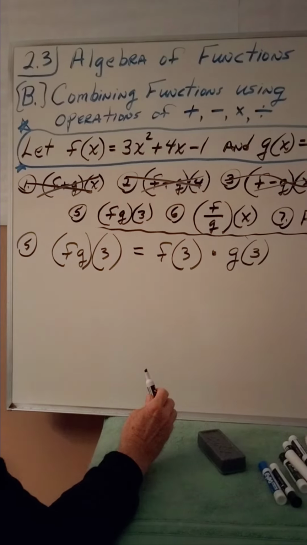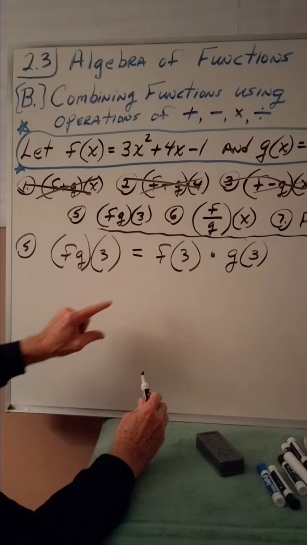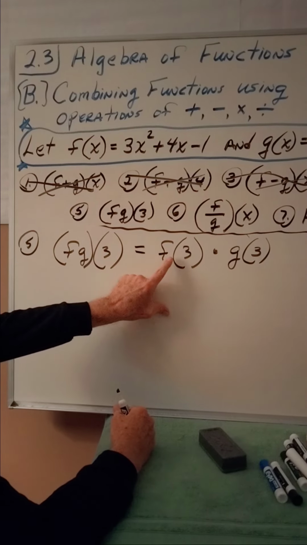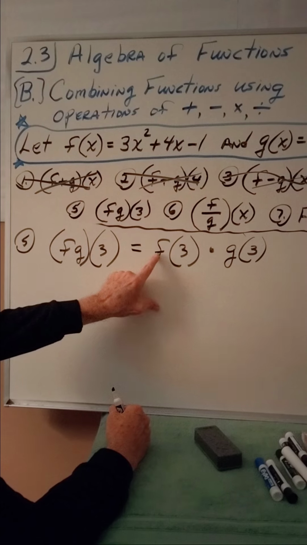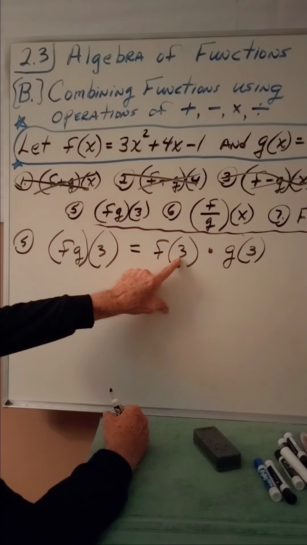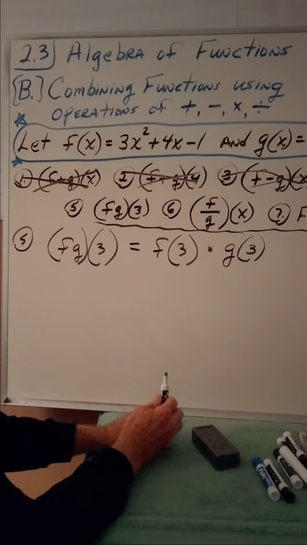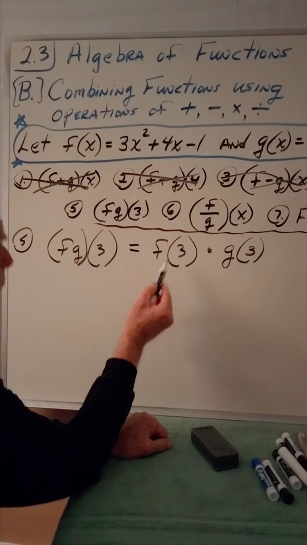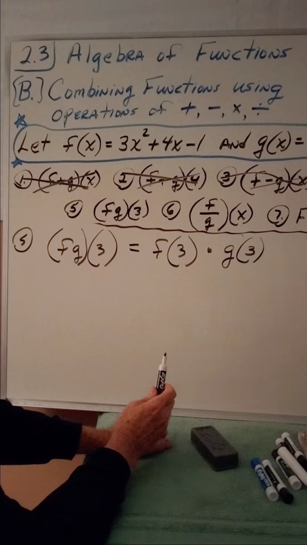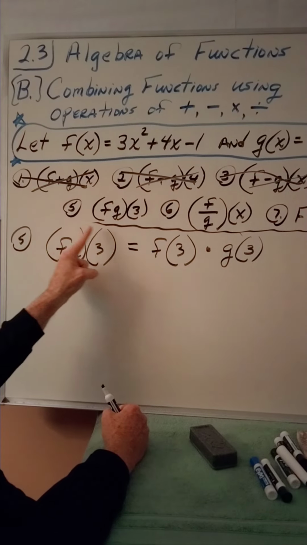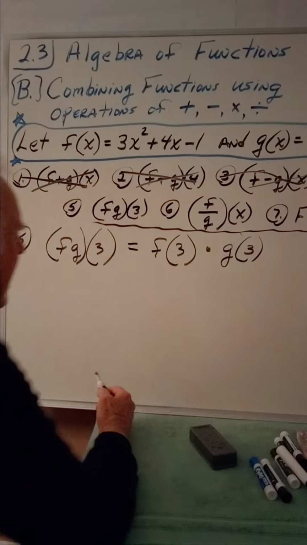It's a little bit different, but we're going to do this. We're going to find the value of f when the domain is 3, and we're going to find the value of g when the domain is 3, and when we get this value and we have that value, we're going to multiply them together and we'll have this given answer.